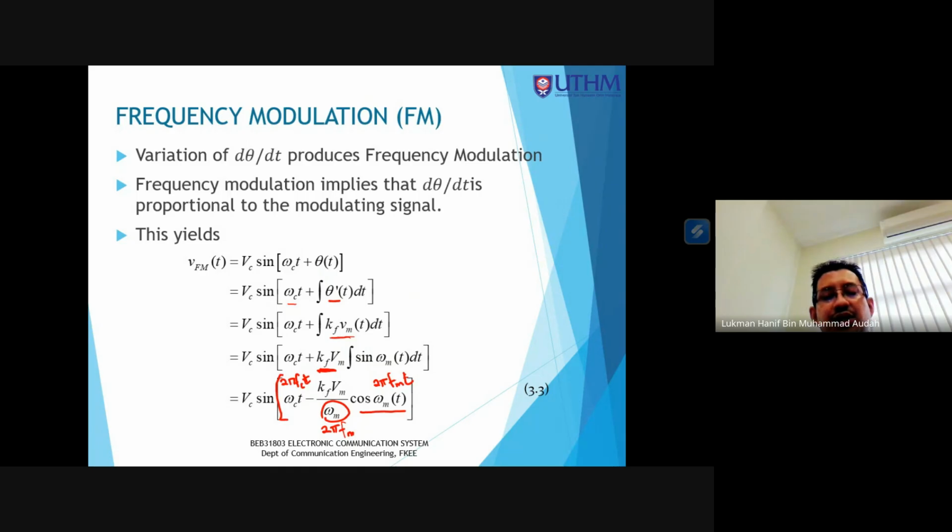So this is the general equation for an FM signal.